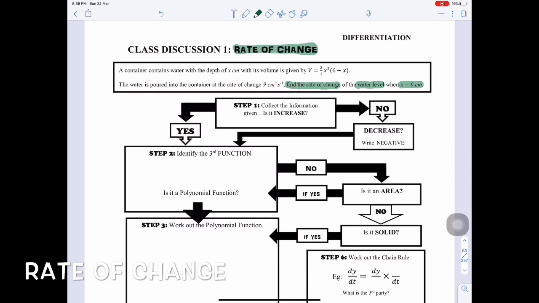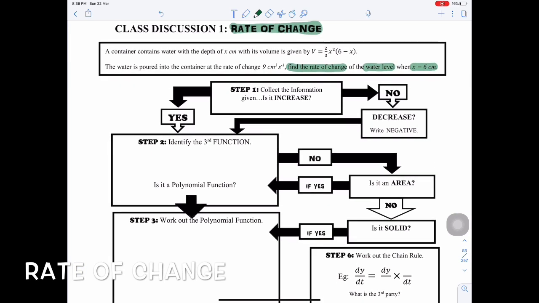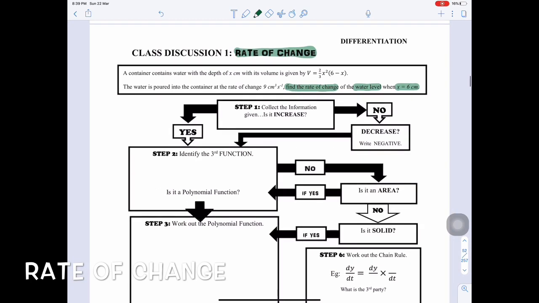This is what I'm going to approach by using a flowchart. The flowchart is given step by step until you get the final answer.